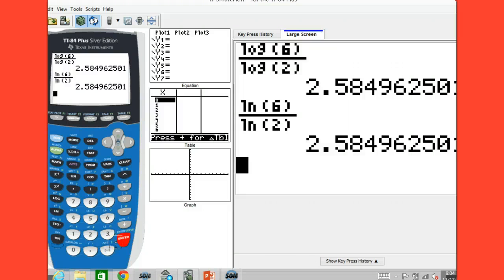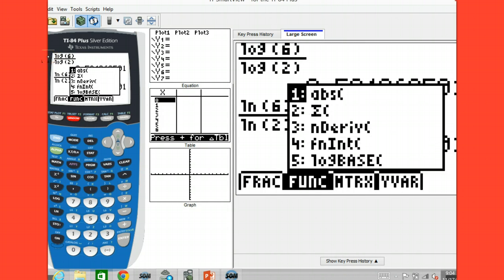Now, if you have the new operating system for your calculator, you can avoid change of base formula altogether, because you have a handy new button on your calculator that did not come originally on the calculator. If you go to alpha F2, see number 5 down there?